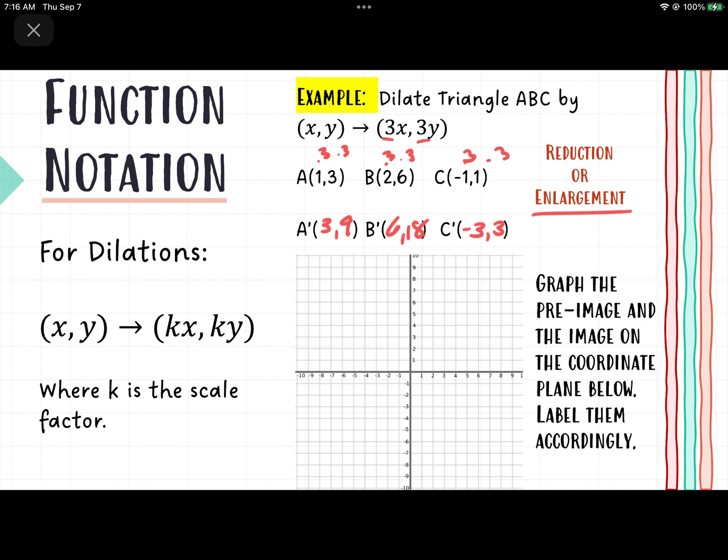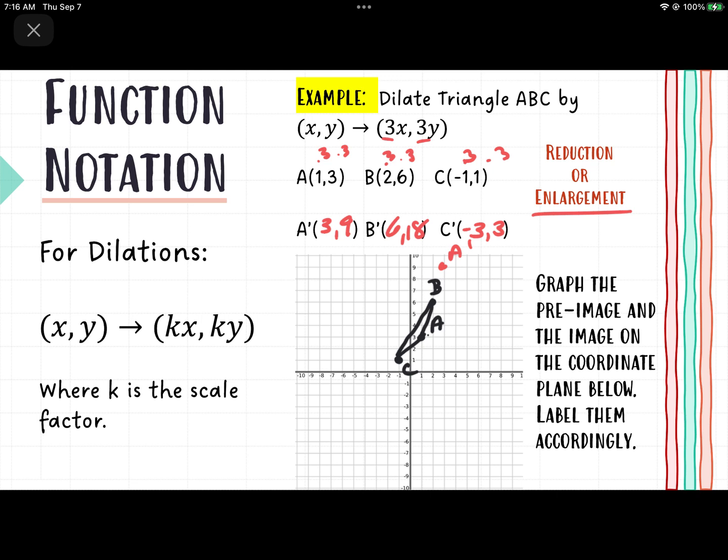So pause for a second. I'm going to graph the pre-image, and then I'll come back and graph the image. All right, so there's the original triangle. Sorry, it looks a little wonky. Now let's go ahead and graph our A prime, B prime, C prime. So 3, 9. 6, 18, way up there.